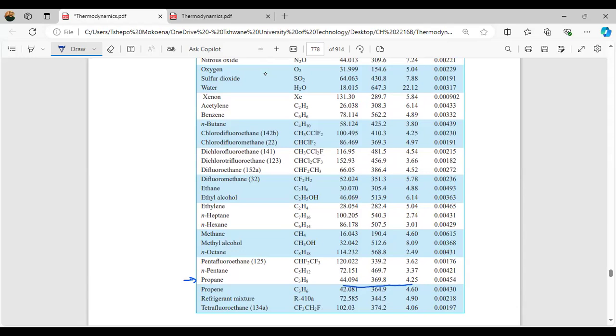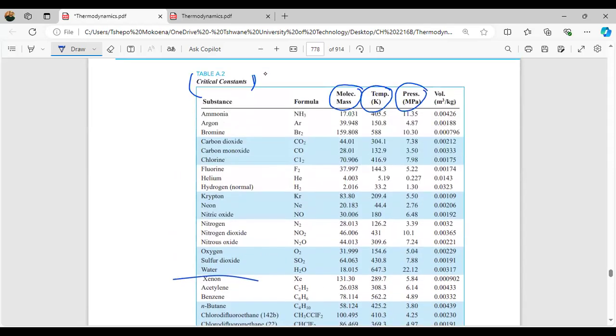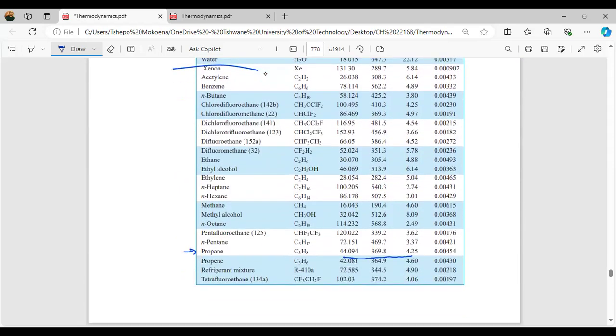And then what's this side? Oh, sorry about that. Temperature in Kelvin, right? So my critical temperature is 369.8 Kelvin.